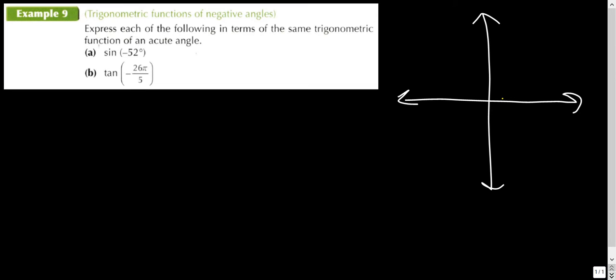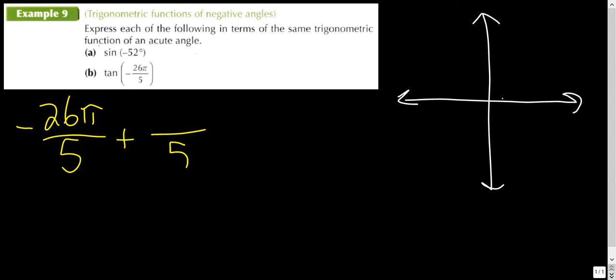So we start off with negative 26 pi over 5. Because it's negative, we need to add. We need to get closer to 0. So we're going to add 2 pi to this. If we're talking about fifths, 2 pi is going to be 10 pi over 5. So that gives me negative 16 pi over 5.